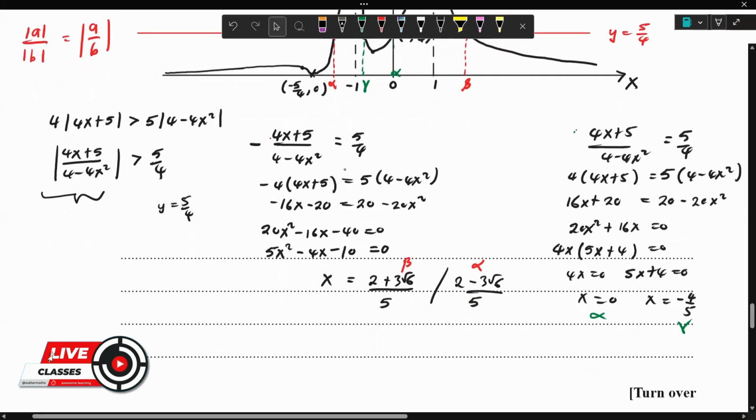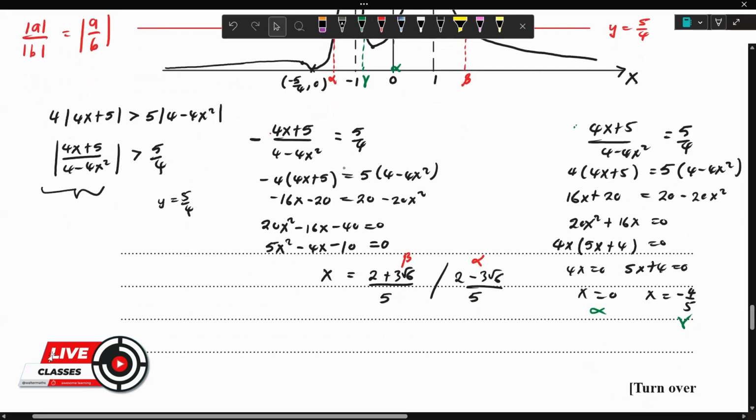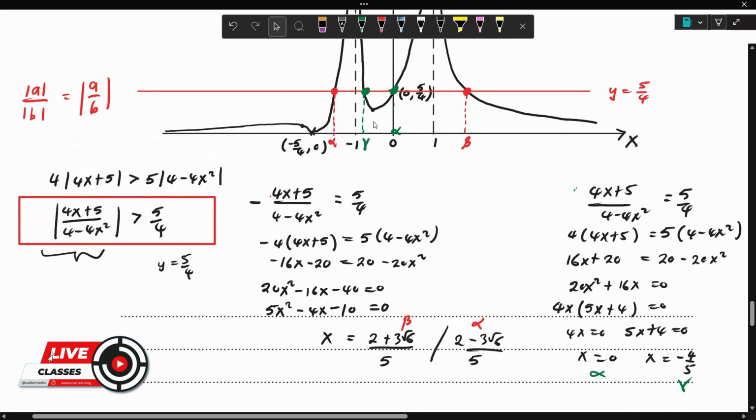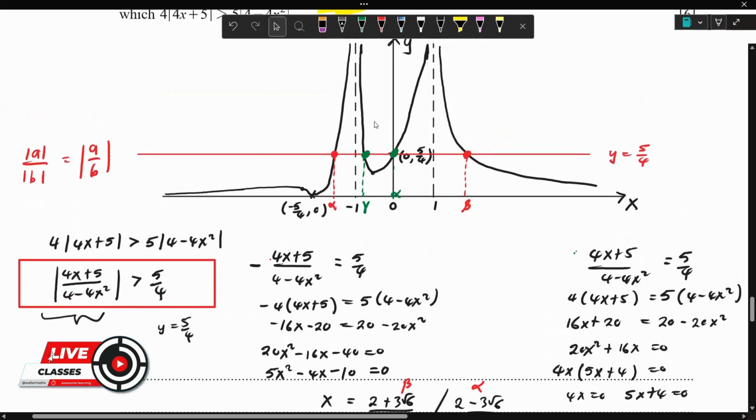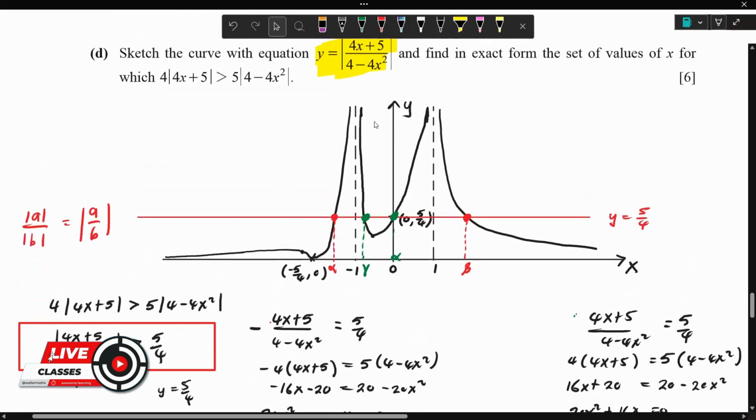So looking now, coming back to this, is where the modulus graph is greater, or vertically above, the graph y is equal to 5 over 4. So the modulus graph is above that line here for this line segment, if you can see it. And for here, this other line segment down to here, and for this part as well.